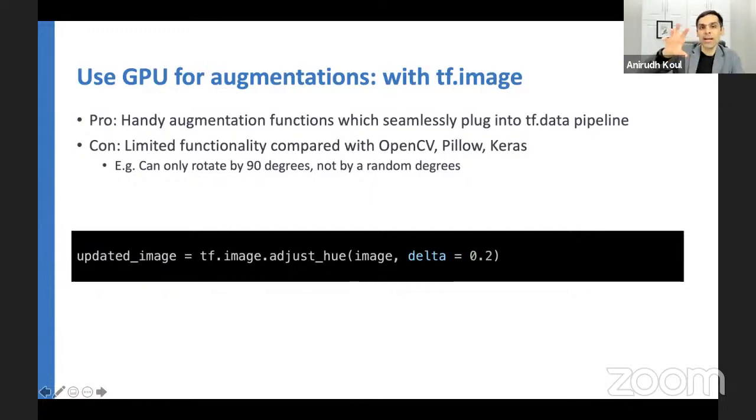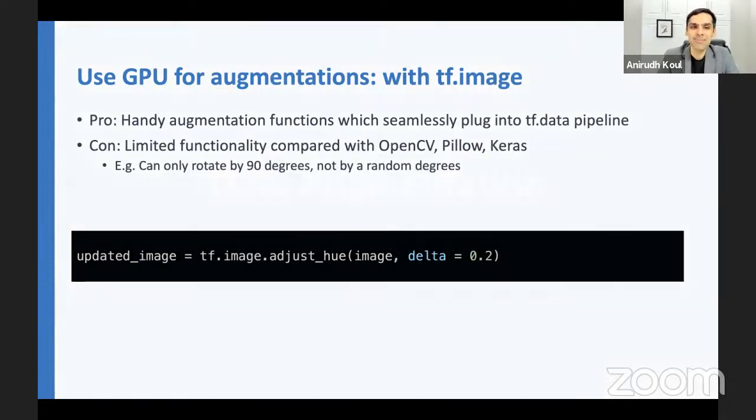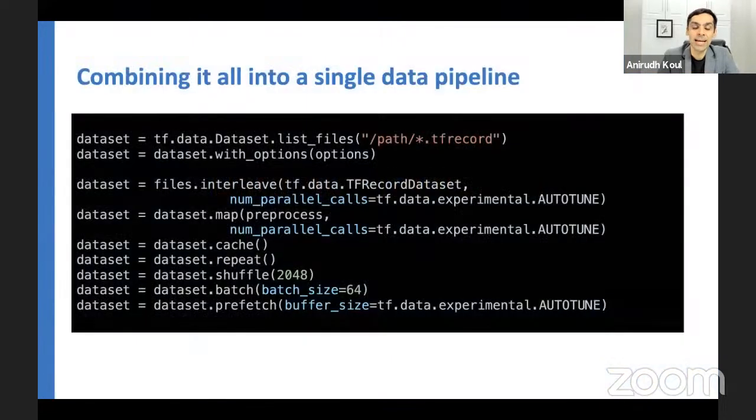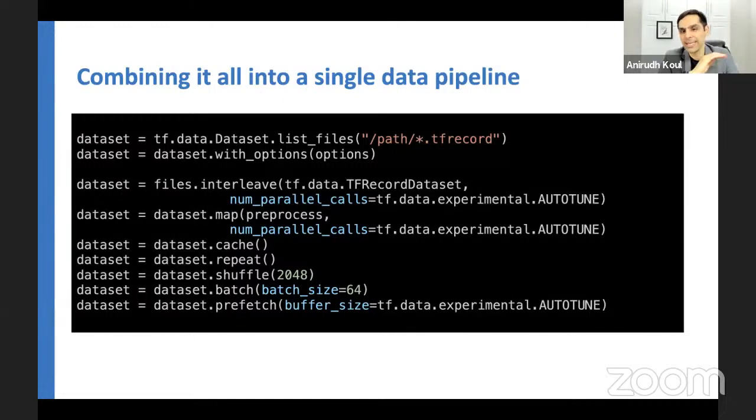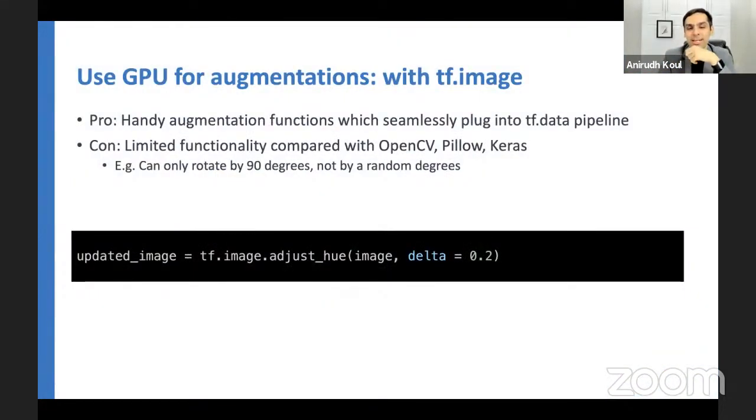If you want to rotate it by 90 degrees or do some cropping, this will all be done on the GPU and you will see things getting fast. One of the common things that happens is that by the time people get here, they are usually getting fast enough, but the bottleneck now is the CPU. Their GPU is doing everything efficiently, but the CPU becomes the bottleneck. So that's the common reason for the bottleneck: you are doing augmentations on the CPU.